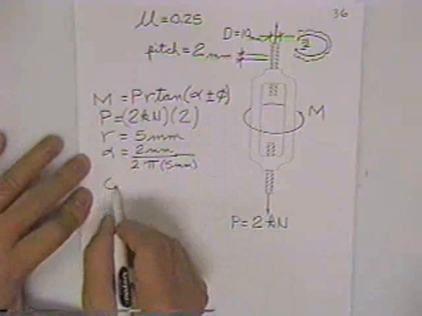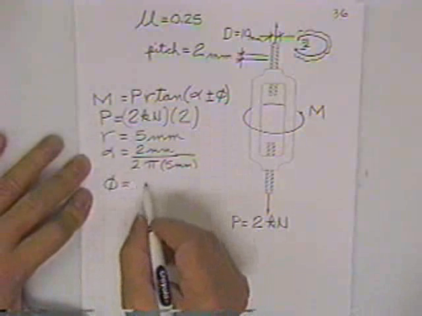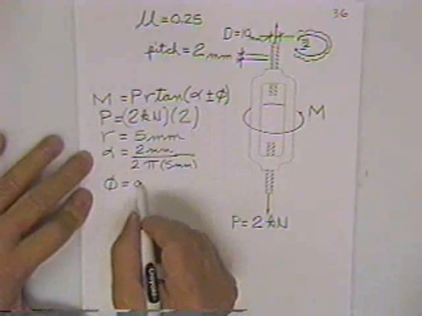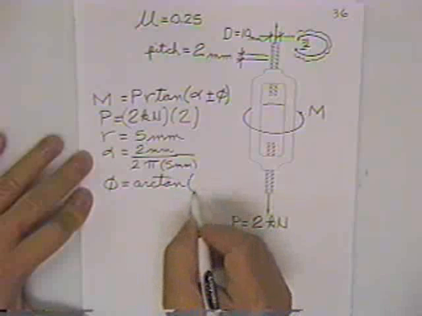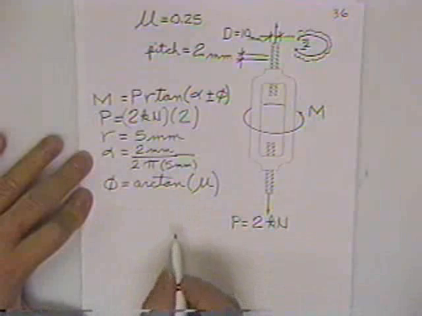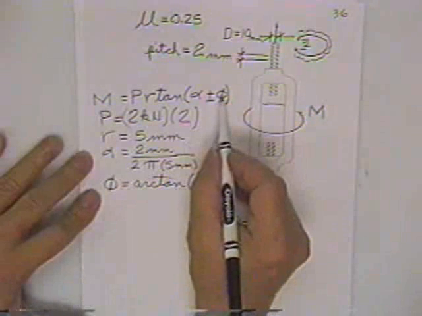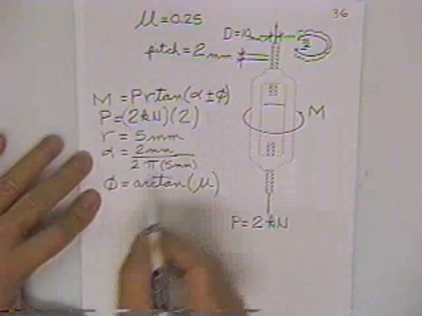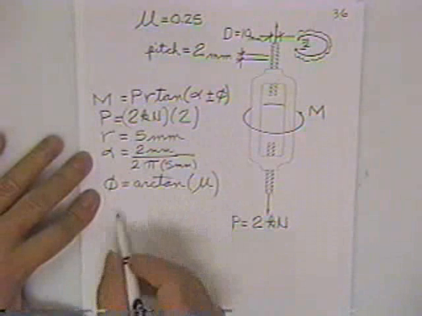And then finally we have this angle, which in the book is defined as the arc tan of the coefficient of friction. So in other words, to get the angle to be added in this equation in degrees or radians, whatever you're going to use, you take the angle whose tangent is the coefficient of friction.